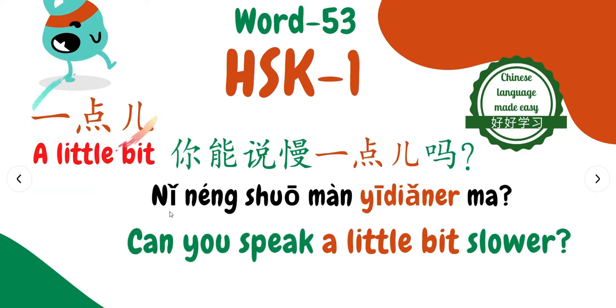The next word is word number 53, and it is 一点儿, a little bit. We can also use this particle with 一点, it also means a little, but in some parts of China the Chinese use this particle along with this, and if you are not using 儿 with 一点, its meaning is also the same, a little bit.